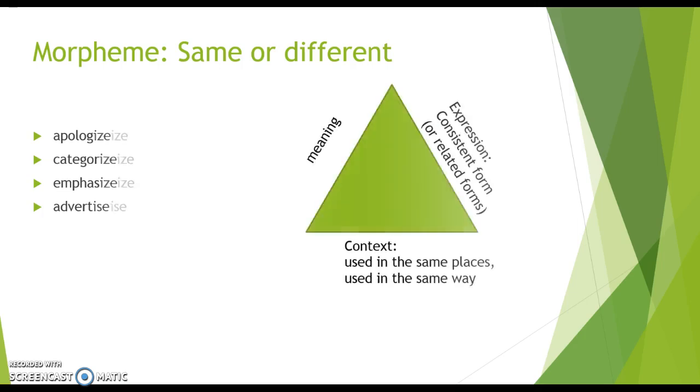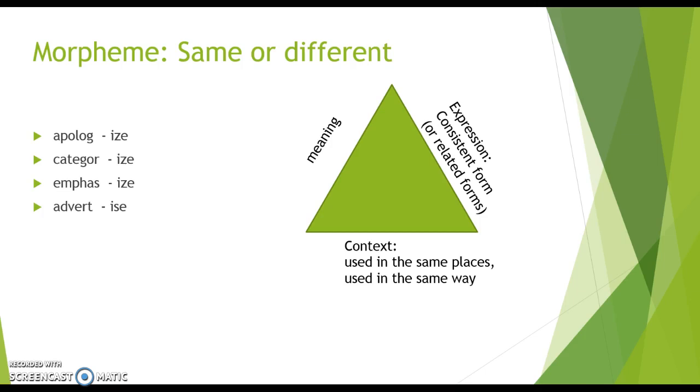Again, let's consider the meaning, expression, and form. Well, what do you think the meaning of this suffix might be? Well, if you have an apology, to apologize means to make an apology. So there's some sort of idea, and same with category. If you categorize, you put things in categories. So it's some sort of making meaning.